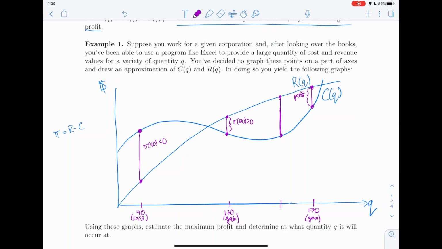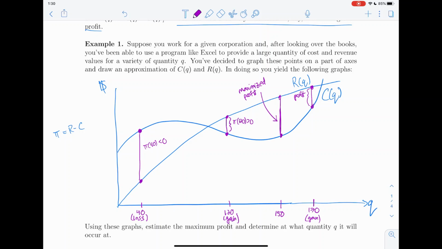So I would say, just by inspection, that based on our picture, this right here is the moment of maximized profit. And based roughly on what I've written down here, we might observe that maybe this is, say, 150 or something like that. So this is how, if you're given two graphs of revenue and cost, we might deduce where the maximized profit might be occurring.